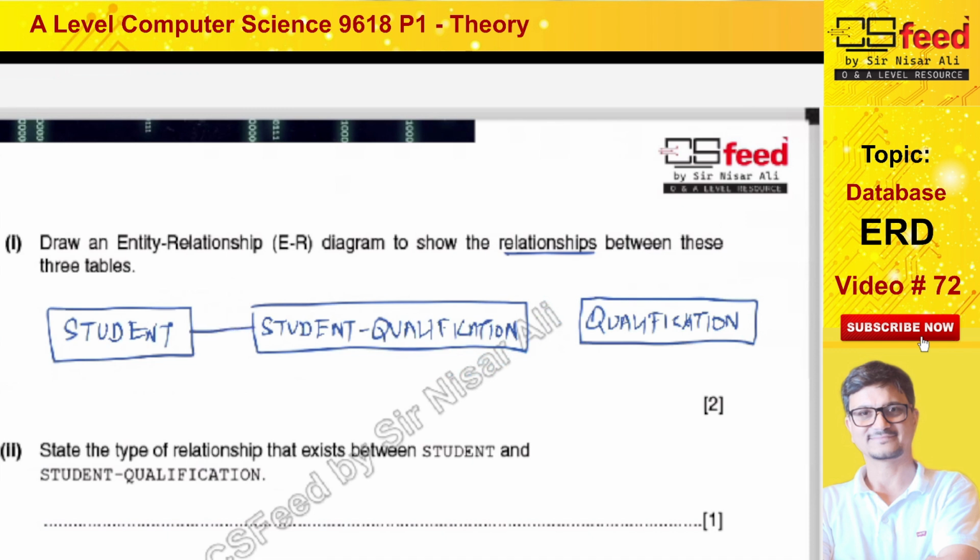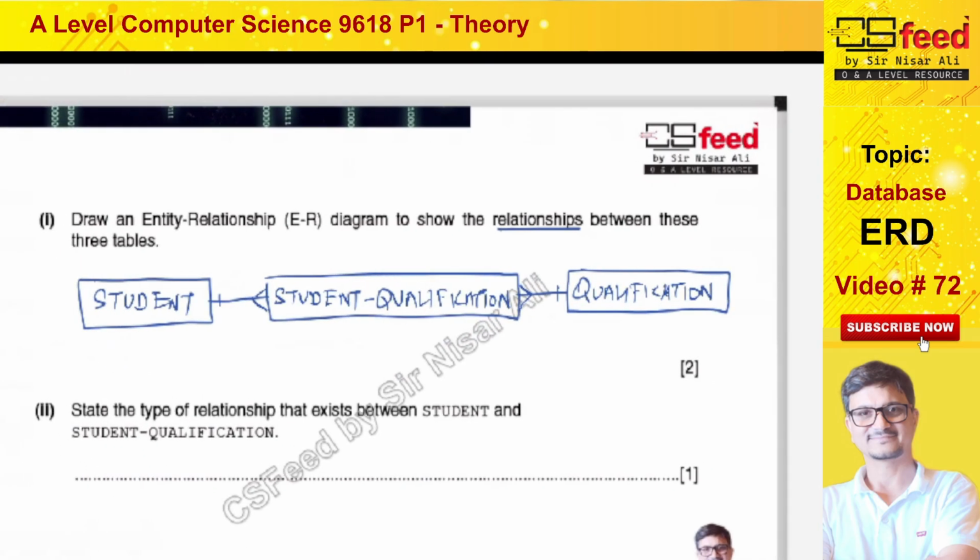So now we can show the relationships. So this is how the relationship is shown. All right, student qualification and qualification. So basically the link table will come in between. All right, so this is the join table or the link table, you can call it, and the qualification and the student tables are on the sides.